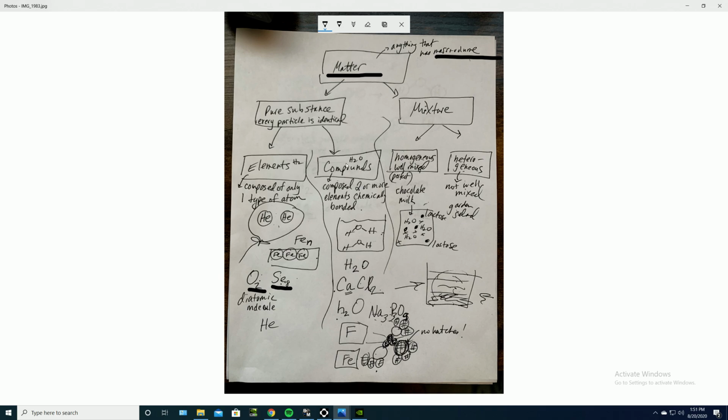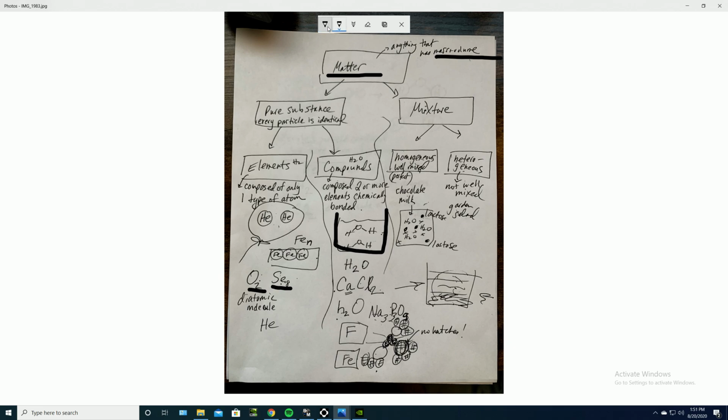It's different than an element, but also kind of similar. A compound has to be composed of two or more elements chemically bonded. So if we go down to the diatomic molecule example, you do have elements that are chemically bonded, but not two or more different types of elements. An example of a compound would be H2O, or water.